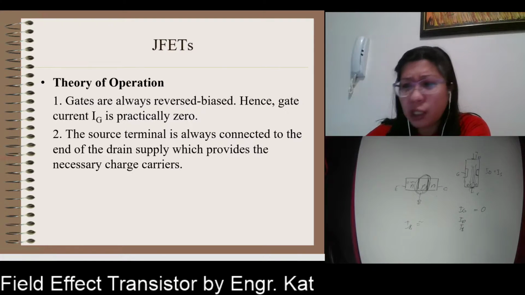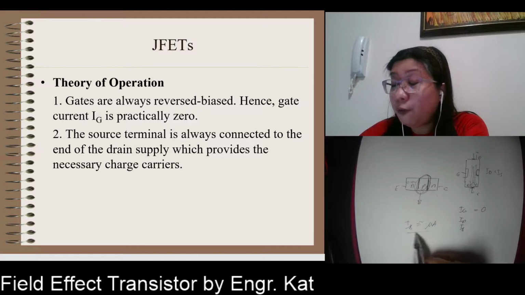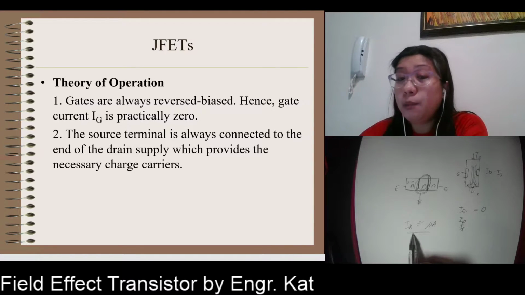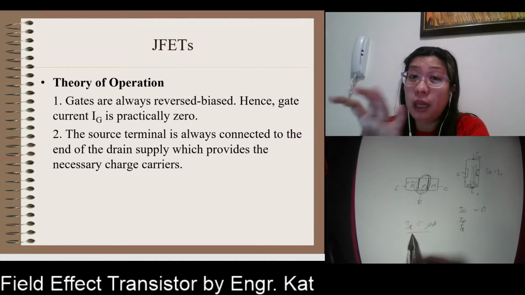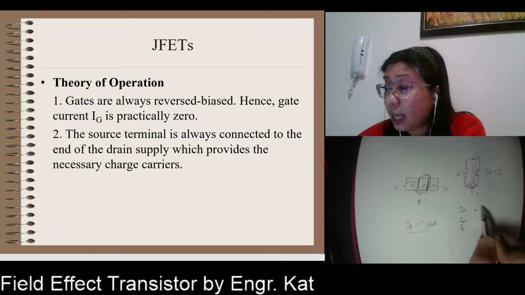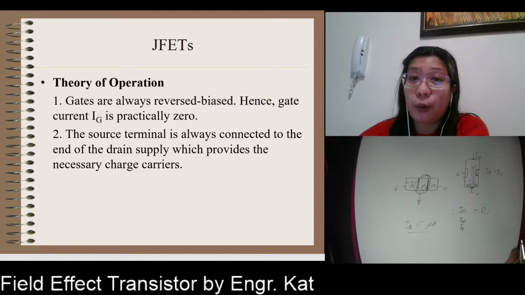It is very, very small, in the microampere range compared with the IC and your IE. The difference between BJT and FET is that in BJT, IB is very small in the microampere range. However, in JFETs, IG is practically equal to 0. So we're going to reverse bias your gate so that we can have your IG equal to 0.